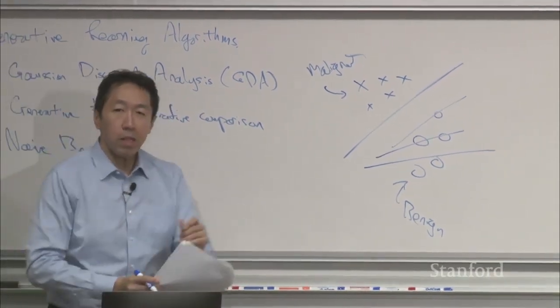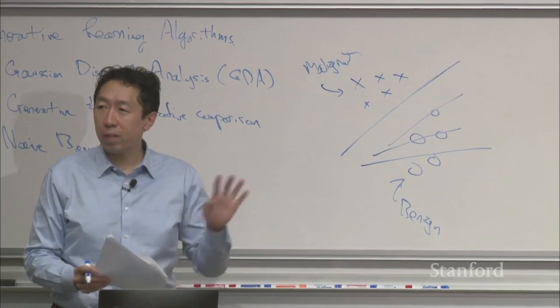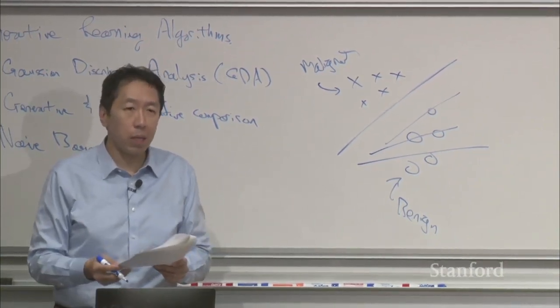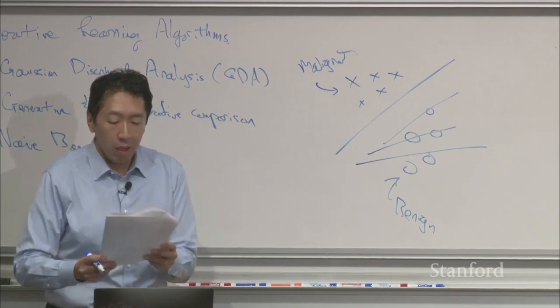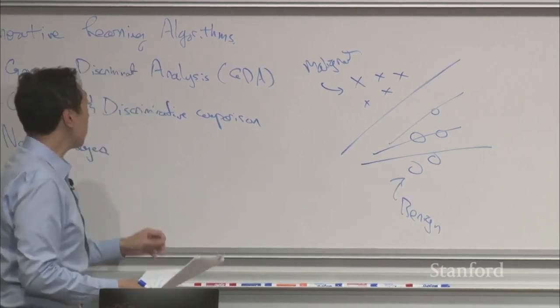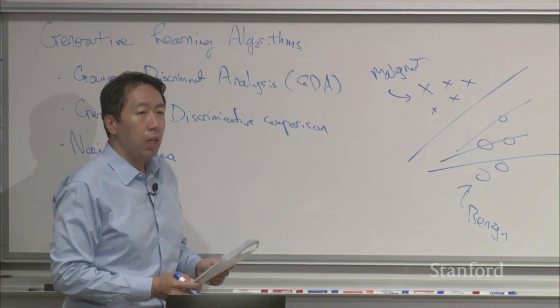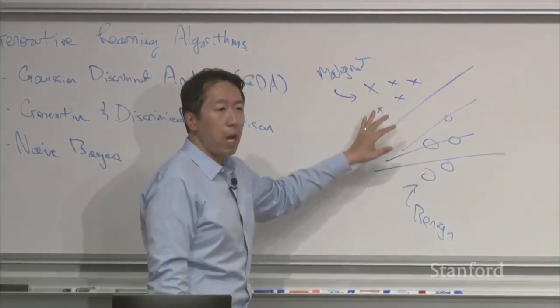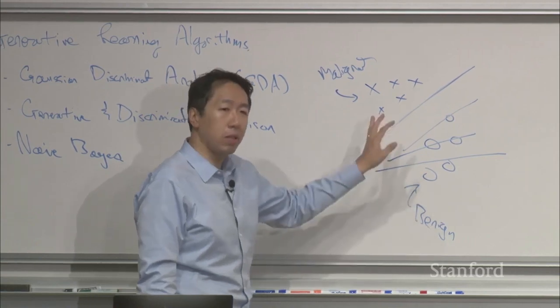Now, there's a different class of algorithm which isn't searching for this separation, which isn't trying to maximize the likelihood the way you saw last week. Here's an alternative. It's called a generative learning algorithm, which is, rather than looking at two classes and trying to find the separation, instead the algorithm is going to look at the classes one at a time.